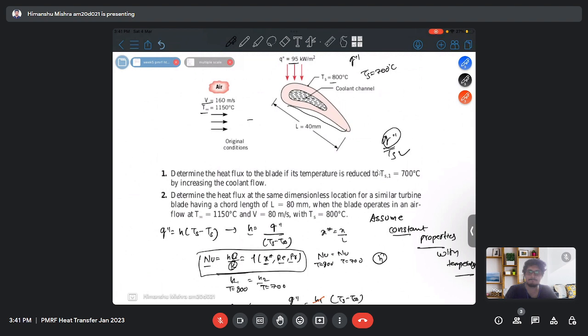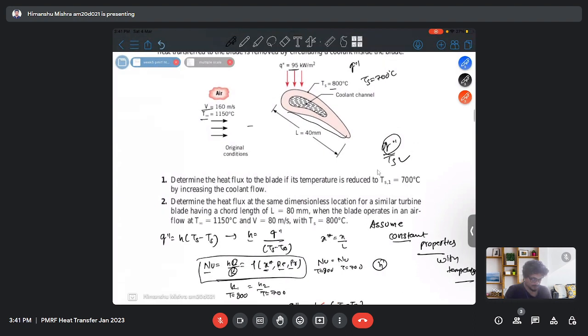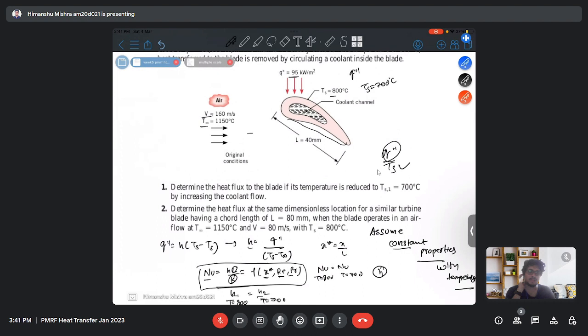But sir, here the surface temperature we are reducing. Then we cannot take only the fluid properties into consideration. Yes, when the surface temperature changes, it makes sense, because we are not changing the T infinity here. We are changing the surface temperature.